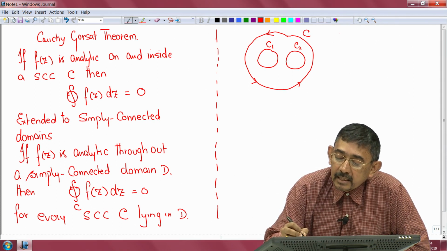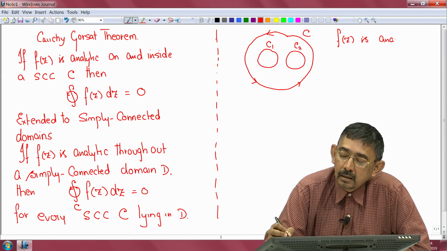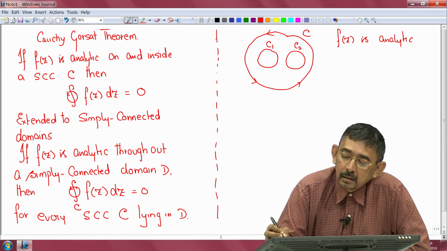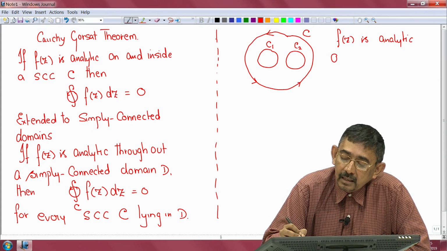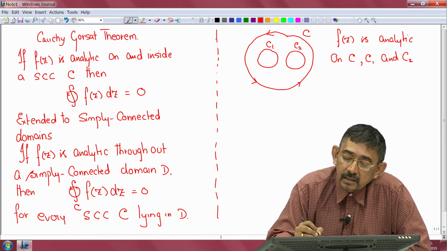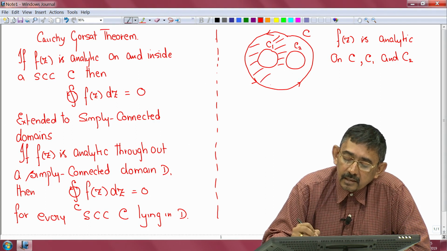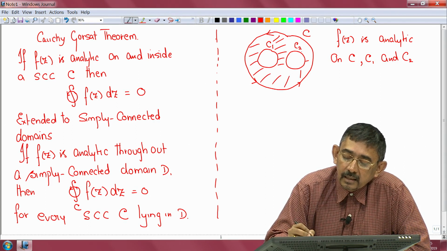Let me first say that a function f of z is analytic on C, on C1 and C2, and in between the regions that exist between C, C1 and C2.